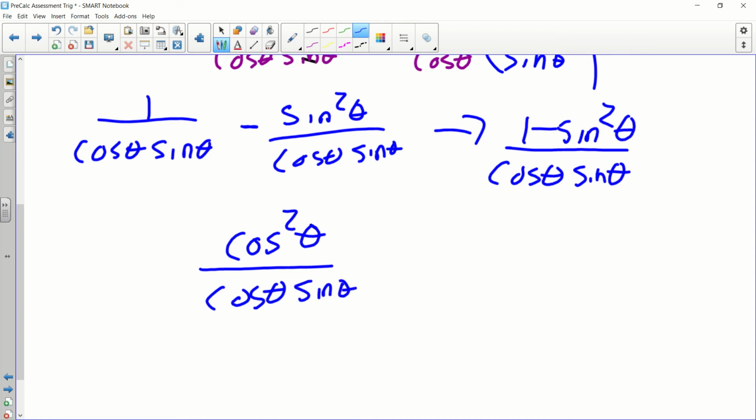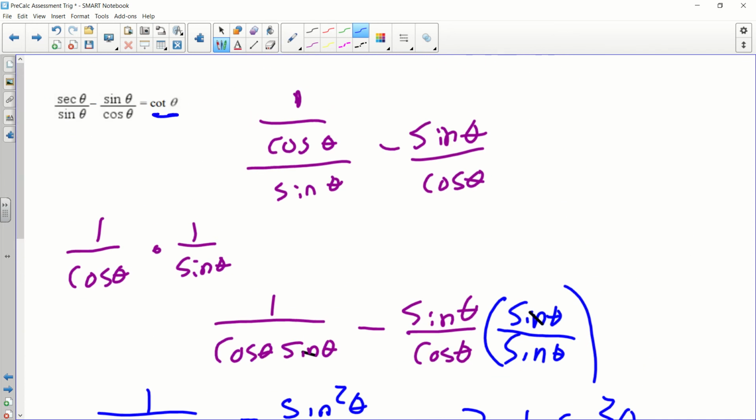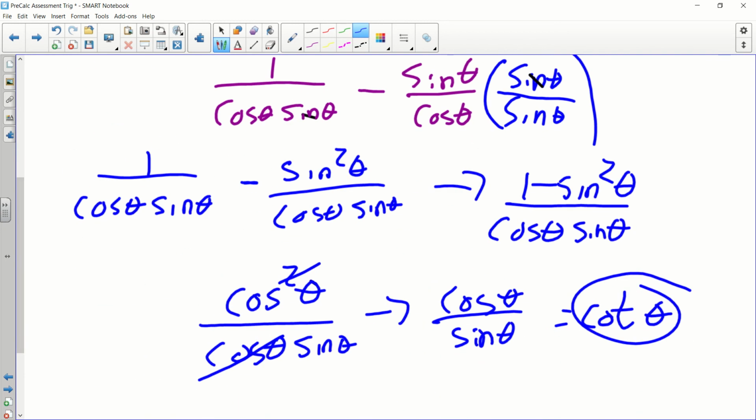As everything is joined by multiplication, I can cross out cosine and one of the two cosines on the top, which leaves me with cosine theta over sine theta. And that is equivalent to the cotangent of theta. If I go back to my original problem, I'm looking to prove that it is equivalent to cotangent. I have done so successfully.